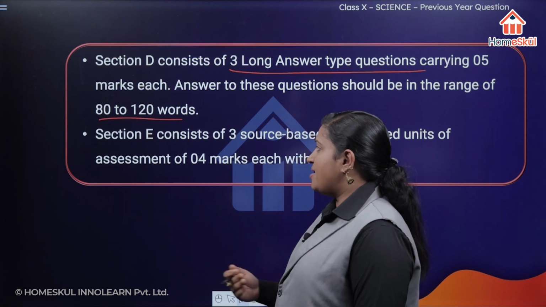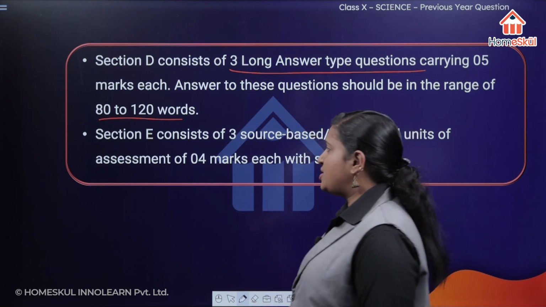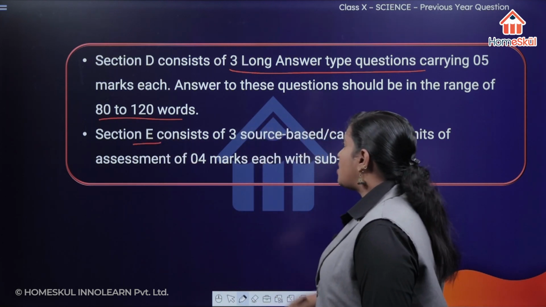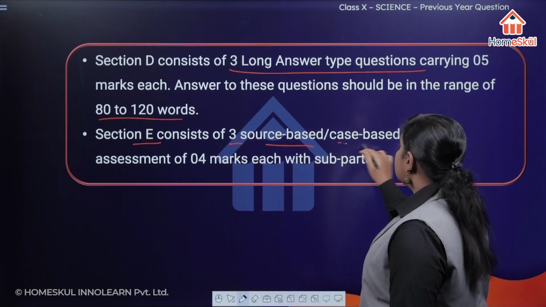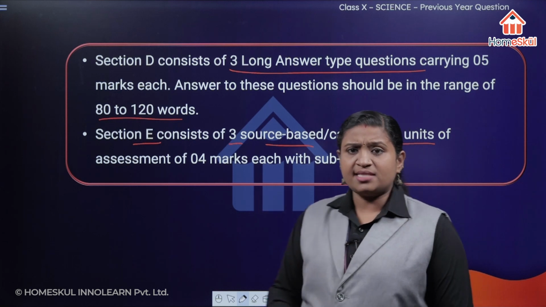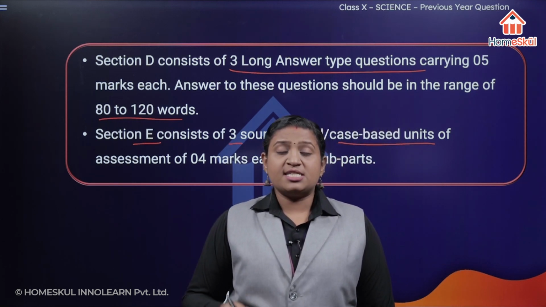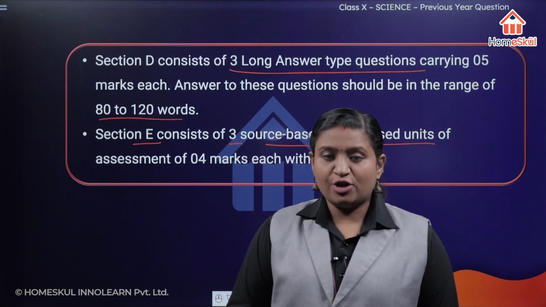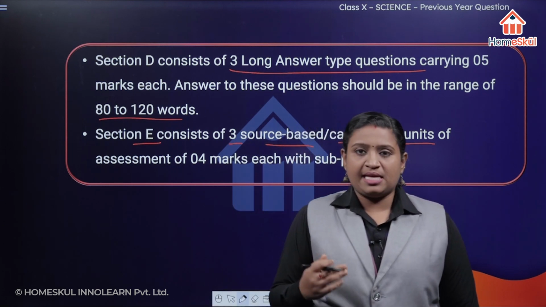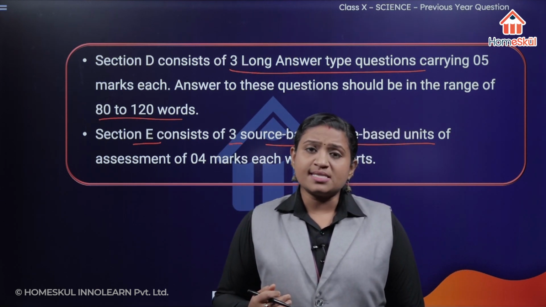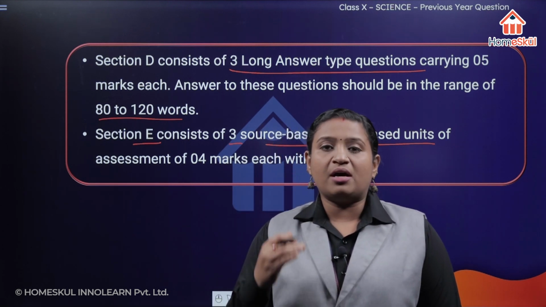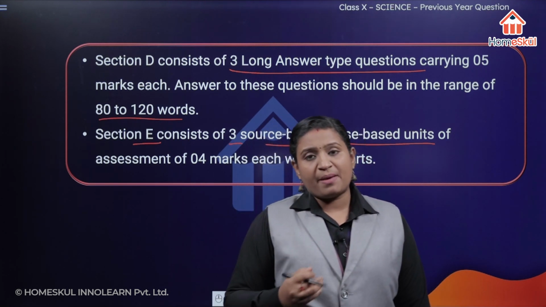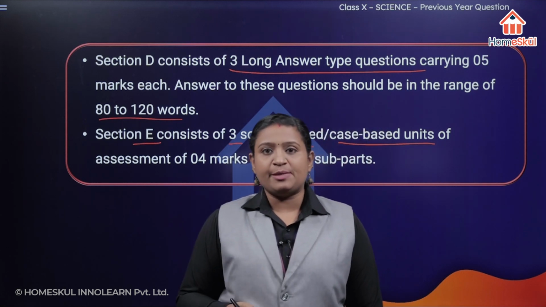Then the last section, section E, consists of 3 source-based or case-based questions. This assessment is of 4 marks each. You will have A, B or C subsections. So this is the pattern of the present science question paper published by the CBSE board.